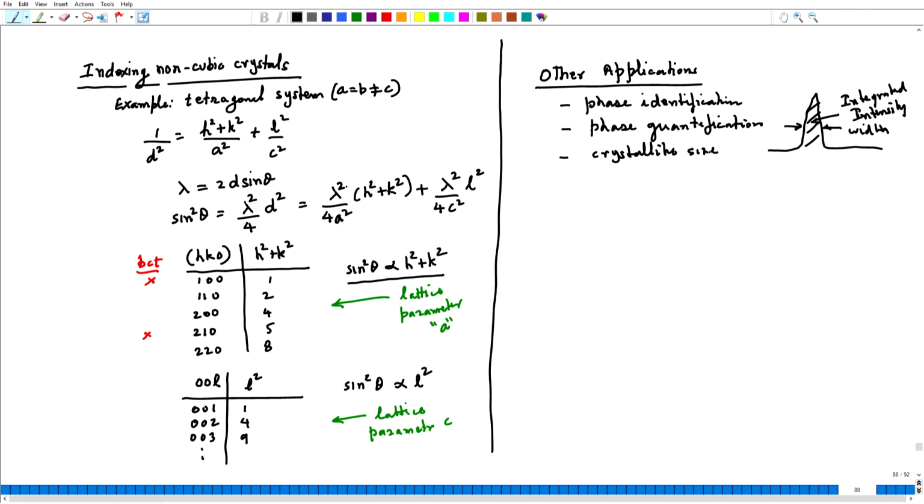In fact, it is not just the crystallite size, it is also residual stresses and so on. There is a whole list of applications using X-ray diffraction. So, X-ray diffraction is an extremely important tool for determining many aspects of the structure of materials. Thank you.